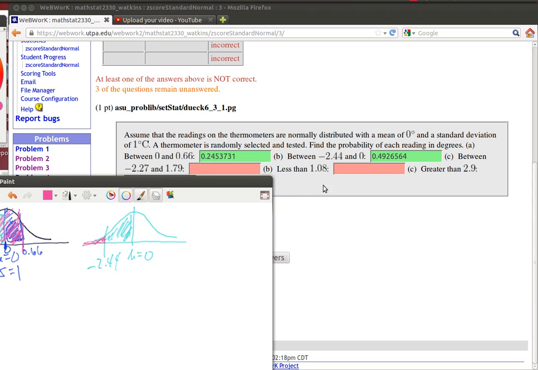Again, my mean is 0 and my standard deviation is 1. So let's get our picture of our normal distribution here. We want to be over here, quite a ways over here, at a negative 2.27.